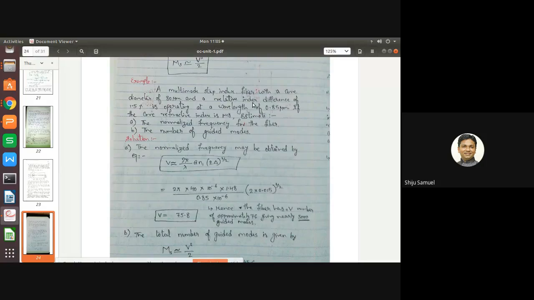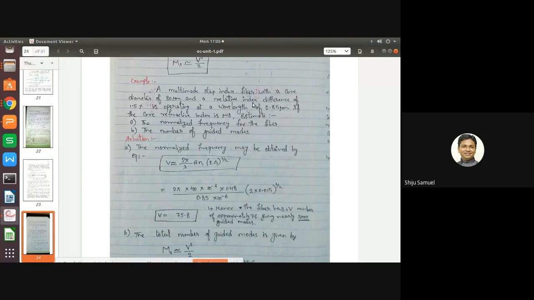Mathematically we can write 2 pi into 40 into 10 to the power minus 6. What is 10 to the power minus 6? That is micro, micrometer. It is already written in the PDF file. Now N1 is the refractive index of core, that is 1.48, already given in the question.